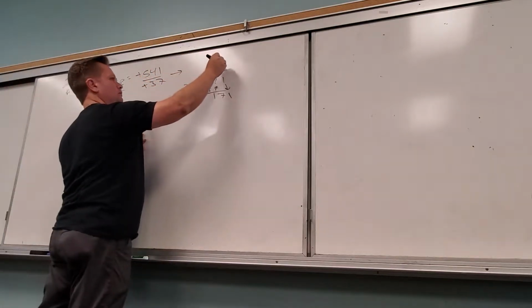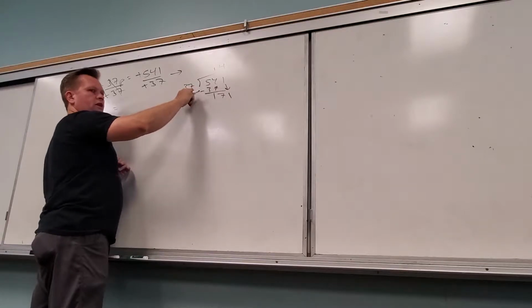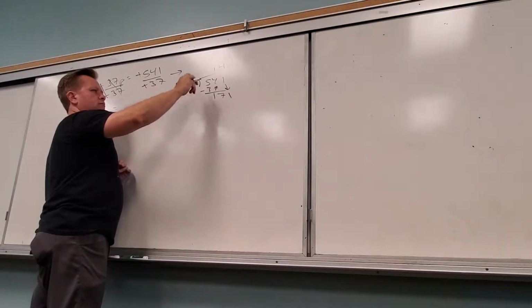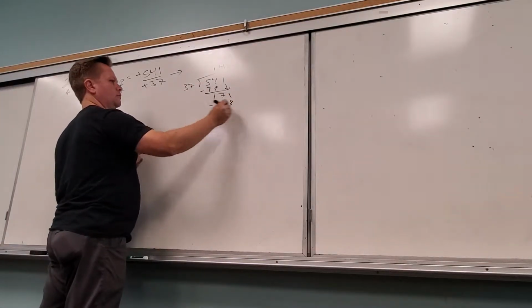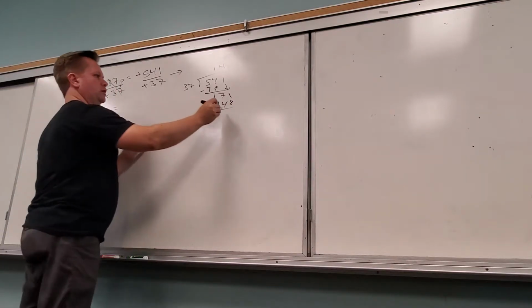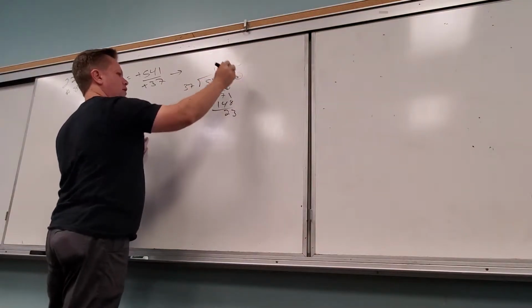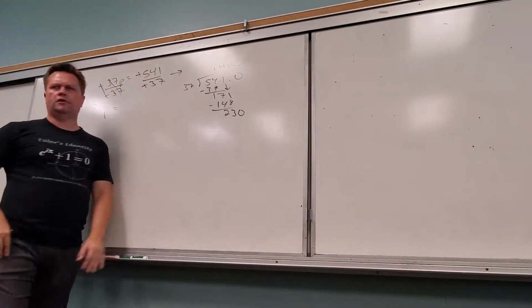Four? Yep, 4. So that's 4 times 30 is 120, 4 times 7 is 28, so that'll be 148.